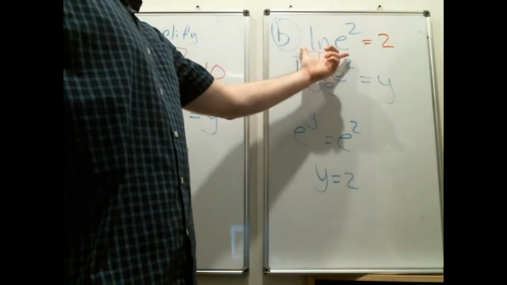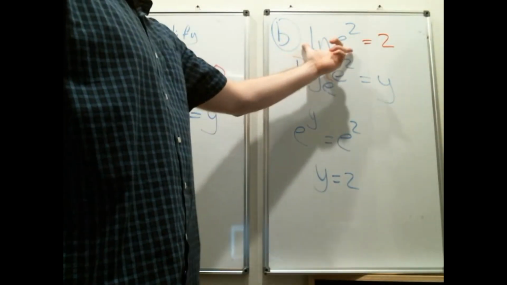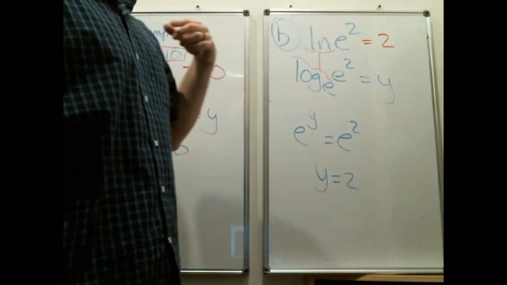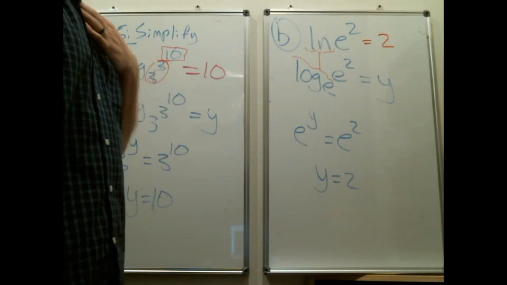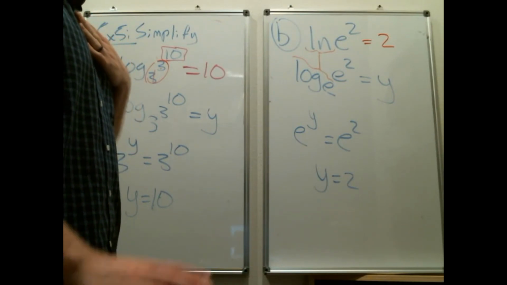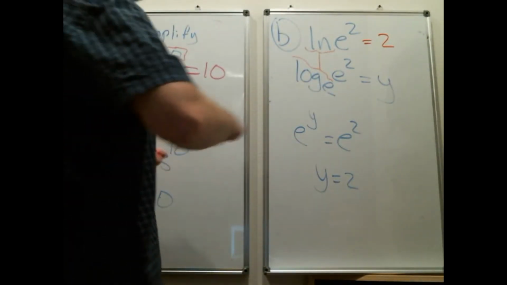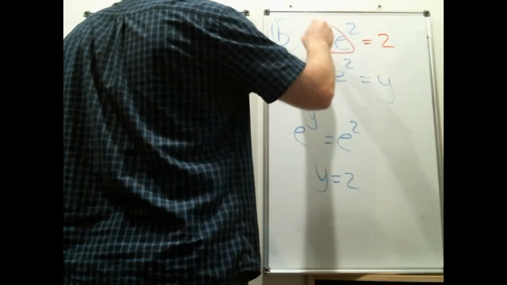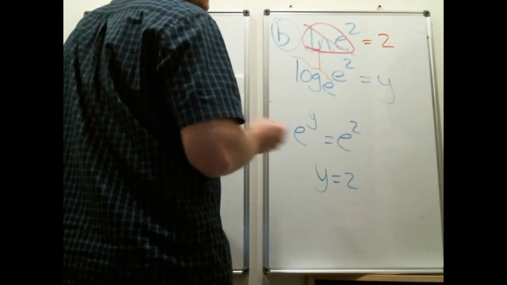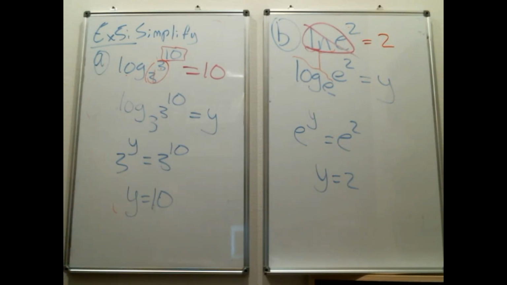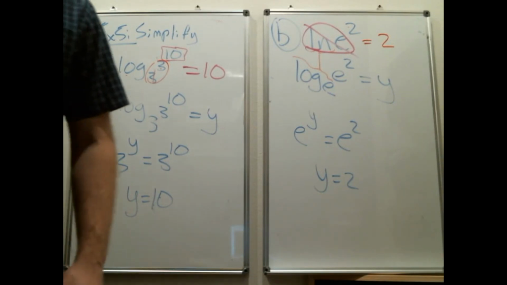When we have natural log and e, these are actually inverses of each other, which we learned in 4.1, but we only cared about learning how to do them. So the natural log and e, when you have them in this form, cancel each other out, or are inverses of each other, and you're left with the exponent. So your answer is 2. Again, don't sit here and try to remember all these. That's not the point.